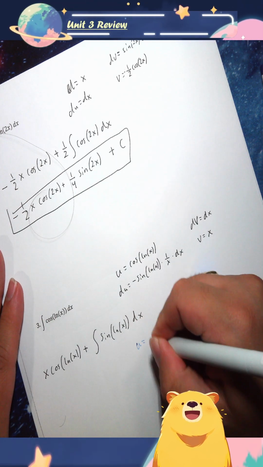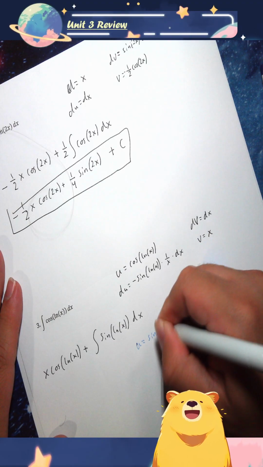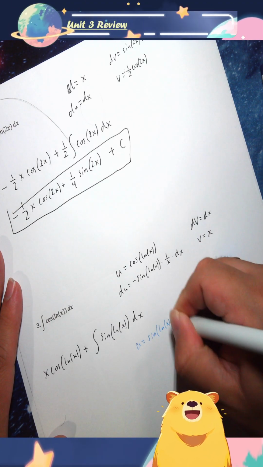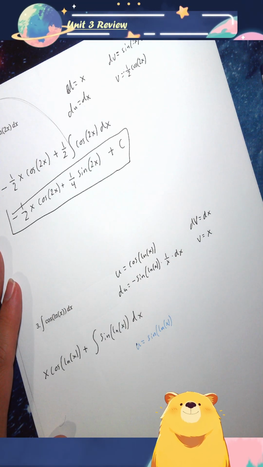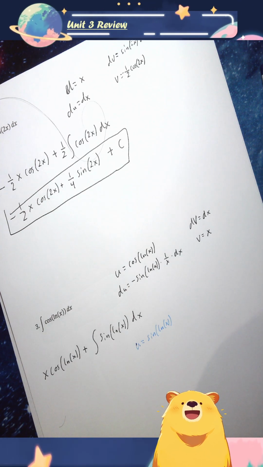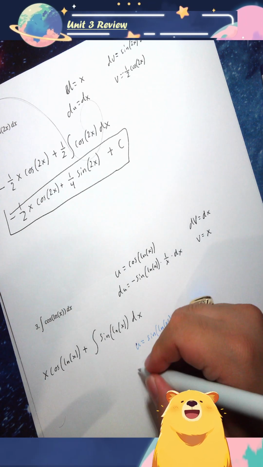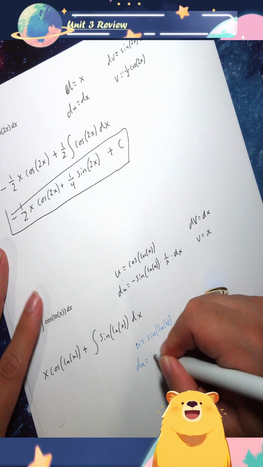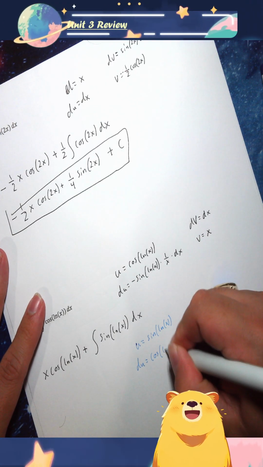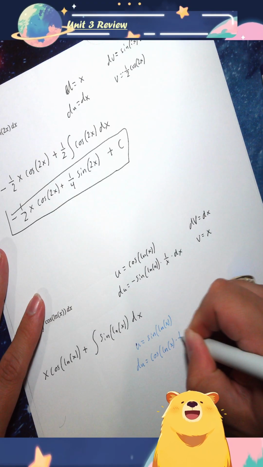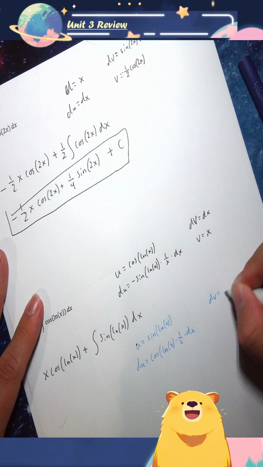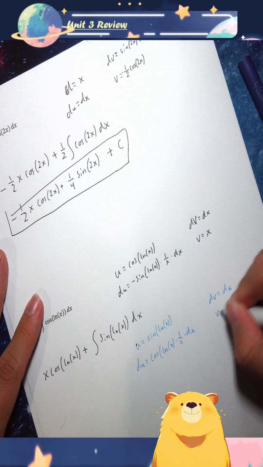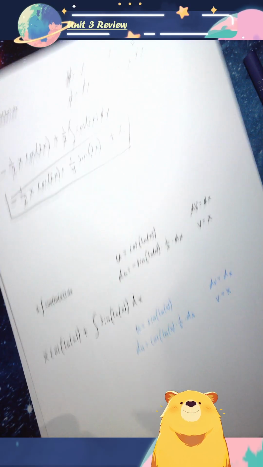So u is sine of ln of x, and then, hold on, my headphones are acting up. Okay, there you go. And then du is cosine of ln of x times 1 over x times dx. dv is just dx, and v is just x.